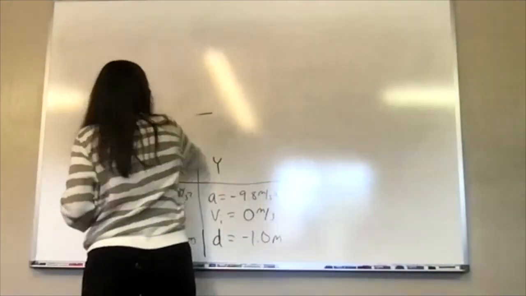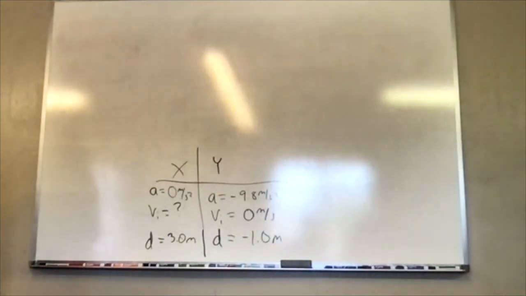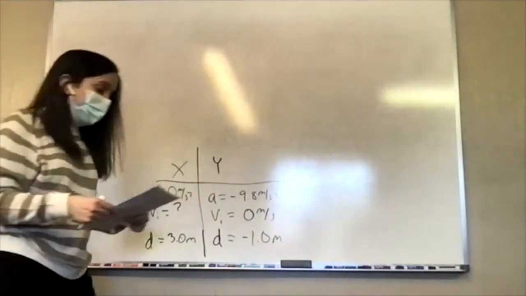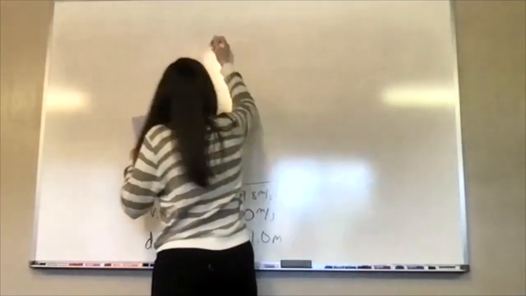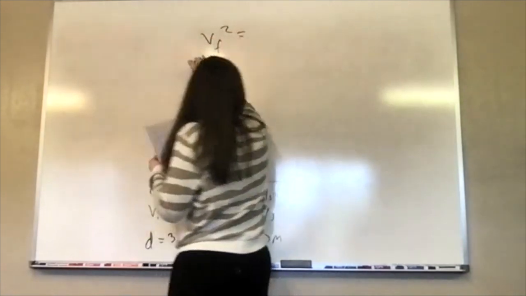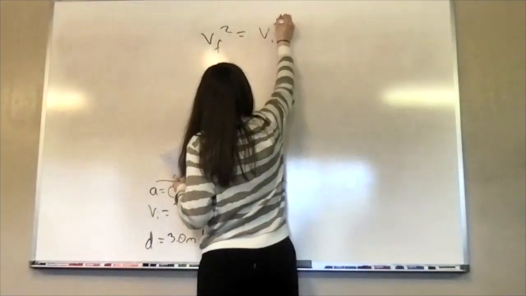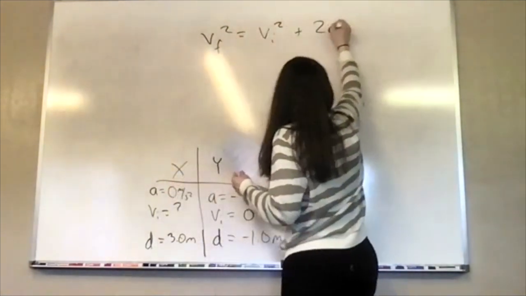So there's 3 equations that we can make use of. And these ones you should have written down in your note card, but just in case, you need to use these ones. So one you'll use is VF, the final velocity squared, equals initial velocity squared plus 2AD.